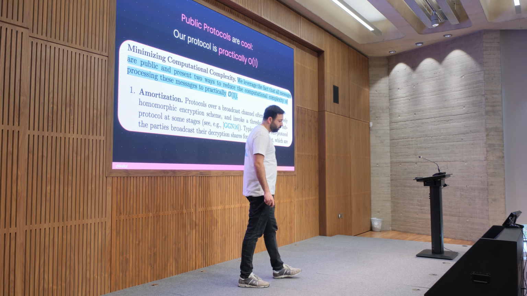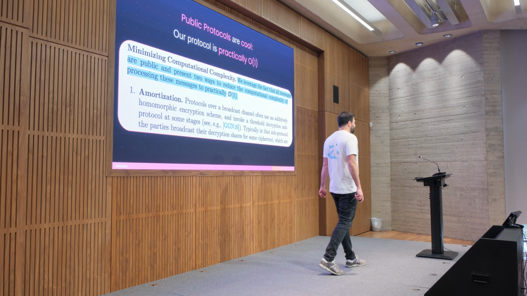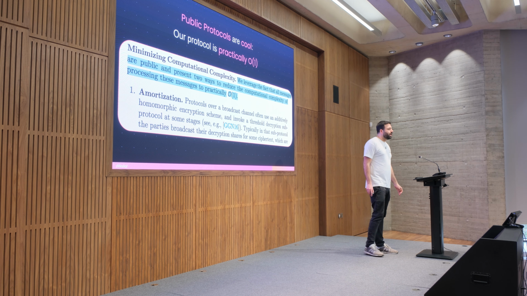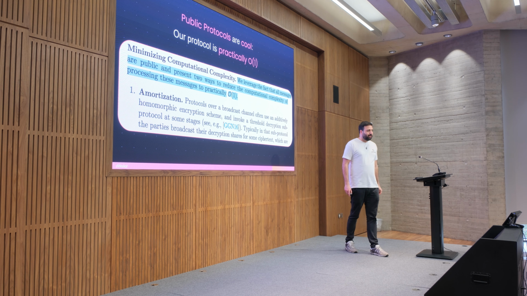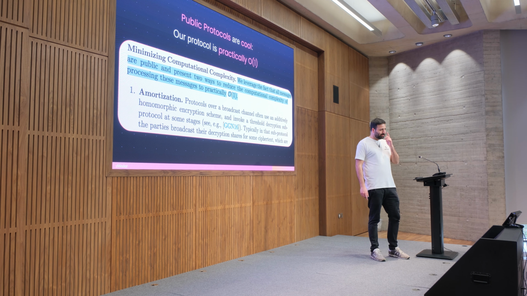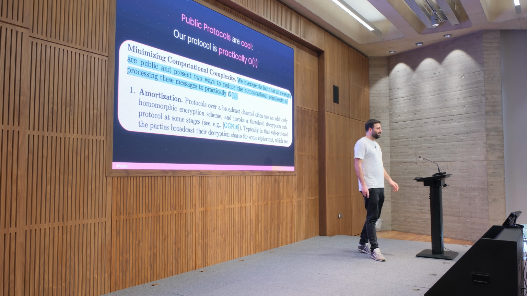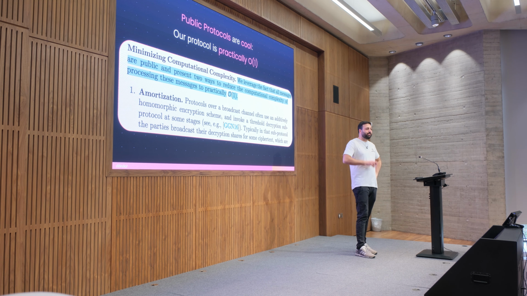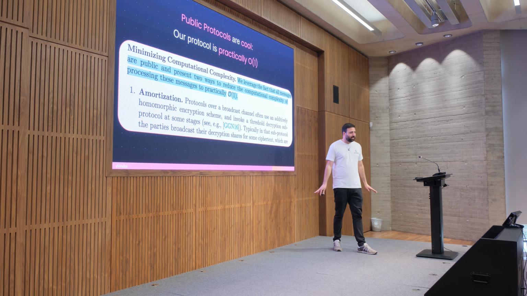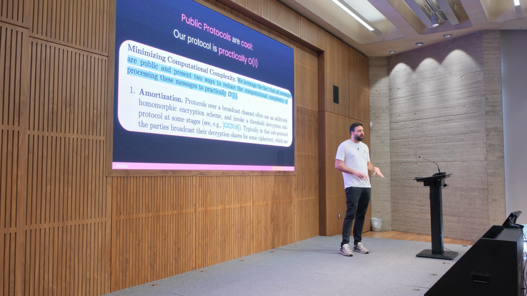And we do. The first thing that you could do is to amortize the threshold decryption. Now, I remember that I was very much obsessed with this problem. This was the biggest bottleneck in our protocol, right? You had to do threshold decryption over n messages.